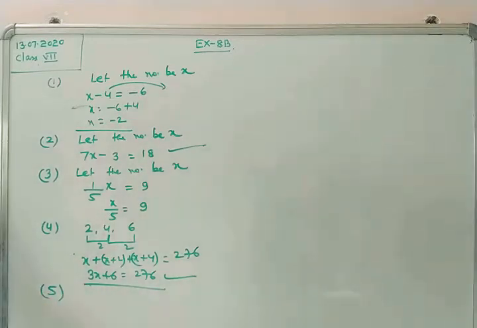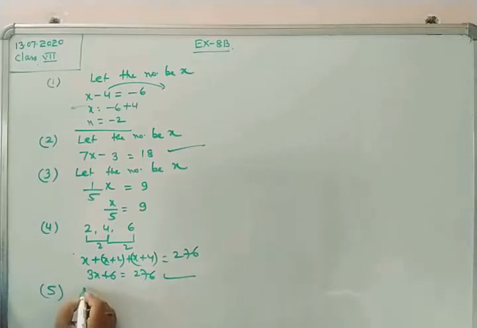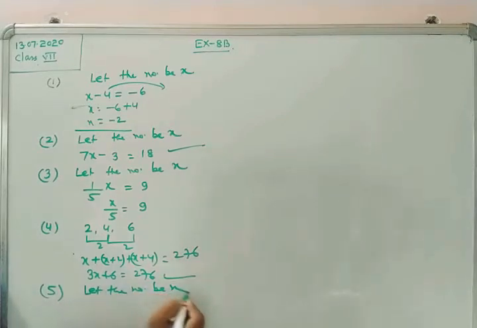Okay. Now question number 5. If 1 by 5 of a number, let the number be again x. So 1 by 5 of a number, that means x, is subtracted from 1 by 3 of that number. So here, let the number be x.